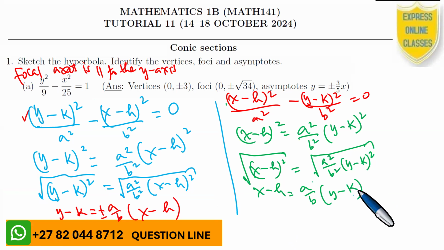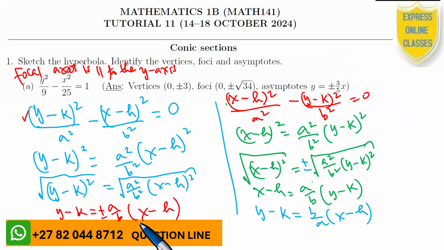So these would be the asymptotes. Of course, you have plus or minus here. Or you can say y minus k becomes b over a, x minus h.